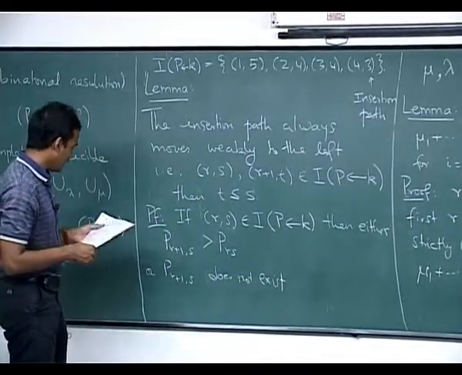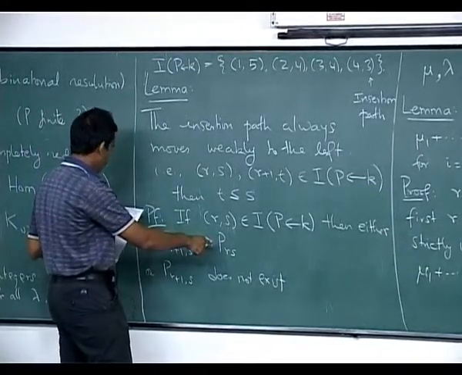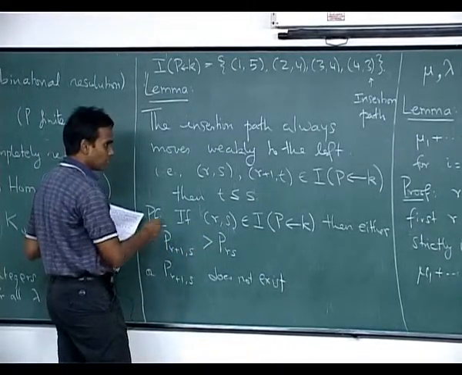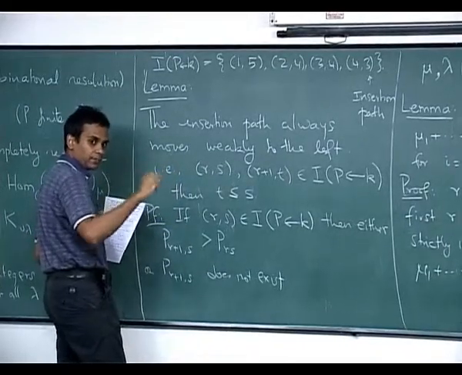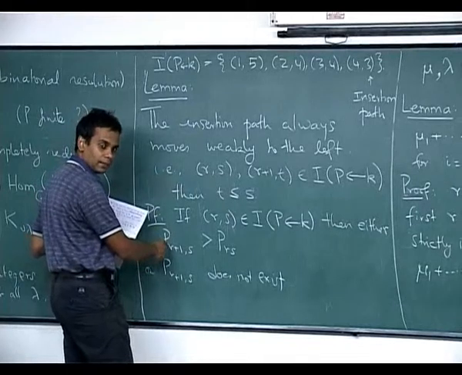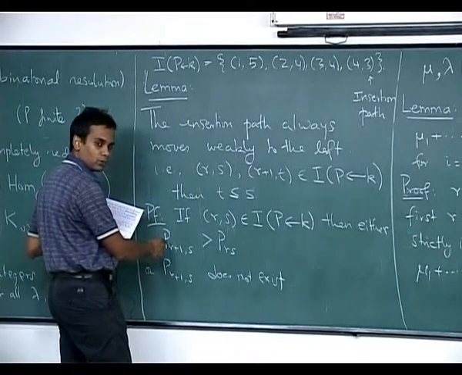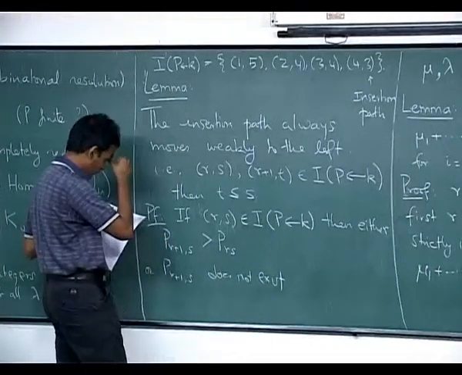In the first case, this P(R, S) cannot get bumped to the right of P(R+1, S), because we already observed that this insertion tableau keeps each row in weakly increasing order. If it did get bumped to the right of this, then that order would be violated. So, it can't get bumped to the right of this. So, it must get bumped either into this place or something to the left of it.